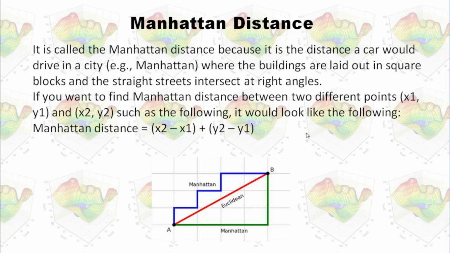So if you want to calculate Manhattan distance, you will use this formula. You take the difference between x coordinates and take the difference between the y coordinates and you sum those up. Like in this example, the x coordinates difference is this one, and then y coordinates difference is this one. You just sum those up.